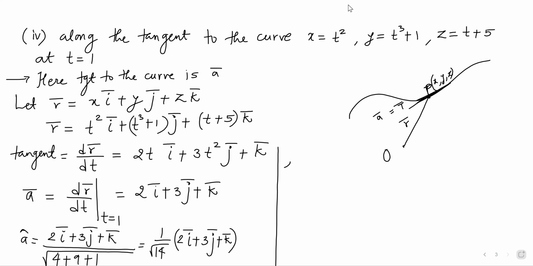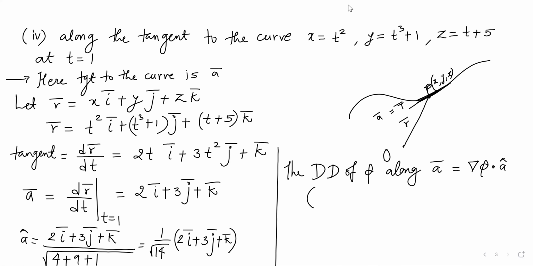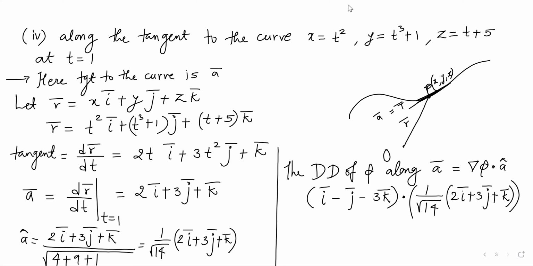So the directional derivative of phi along this a bar is del phi dot a cap. And what is our del phi? It is i bar minus j bar minus 3k bar. So it is i bar minus j bar minus 3k bar dot 1 by root 14 times this a bar for this category of question.